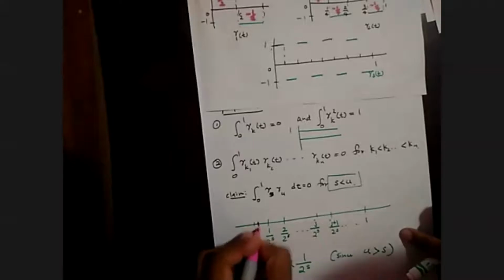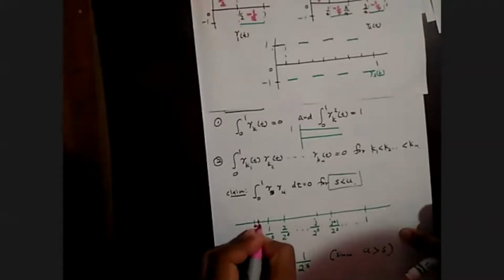And since u is greater than s, we note that 1 over 2 to the u is less than 1 over 2 to the s. Therefore, in each of these intervals, there will be 2 raised to the power of u minus s intervals. This length will be 1 over 2 to the u.